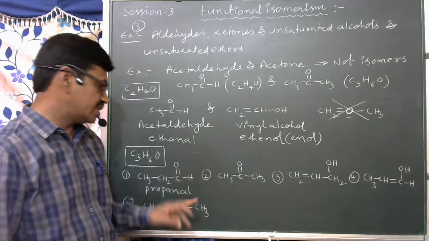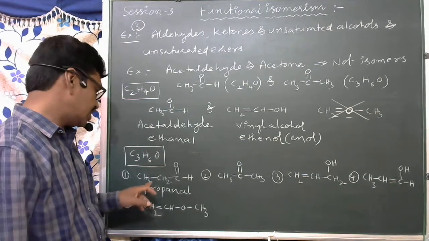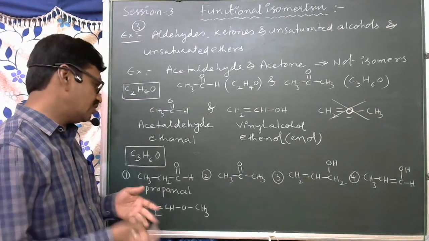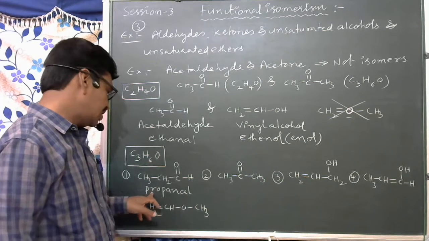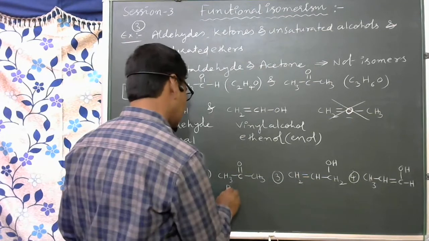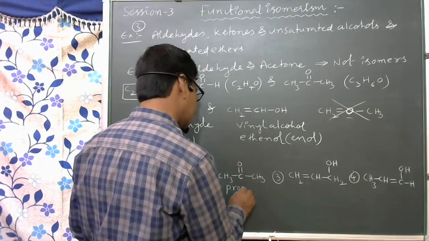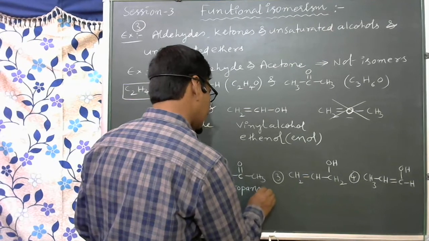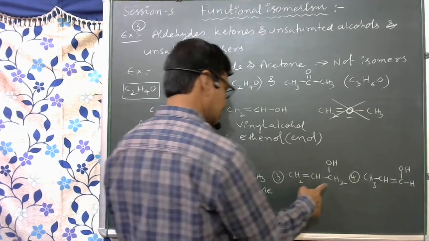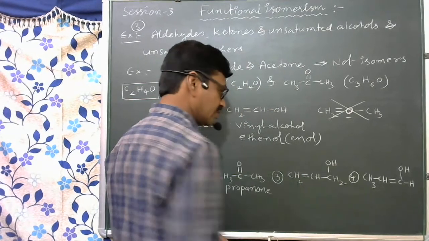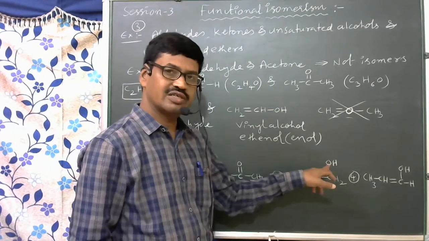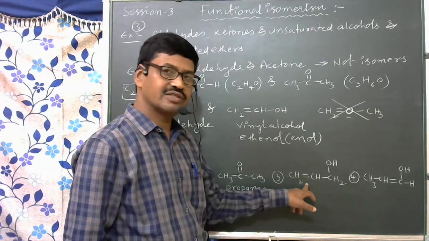This is the aldehyde, that is the ketone. So these are the different compounds. Generally, we may expect these two: one is an aldehyde, the other one is a ketone. This is propanone. And here we have to give more preference to the OH group, because two functional groups are there, ol and also ene.